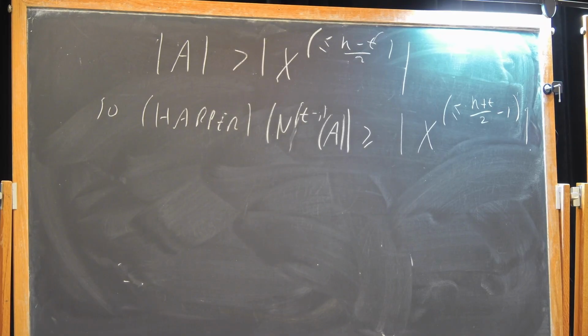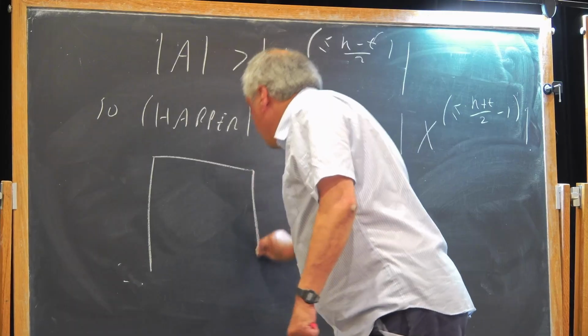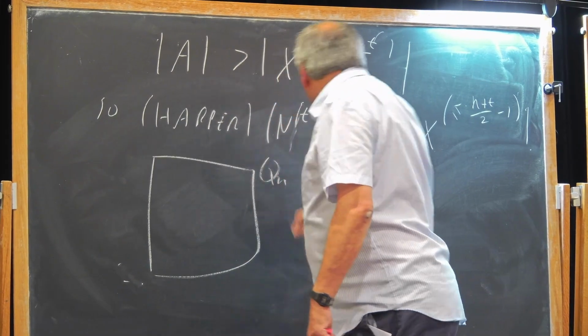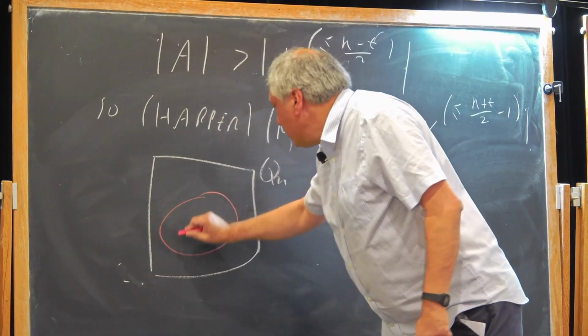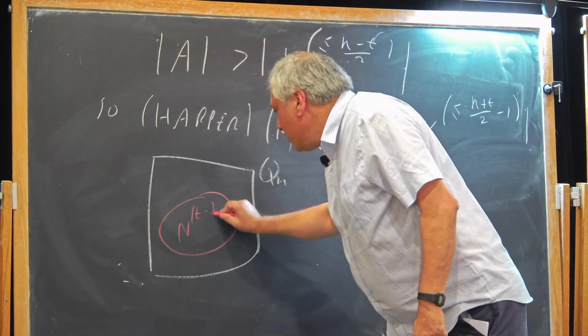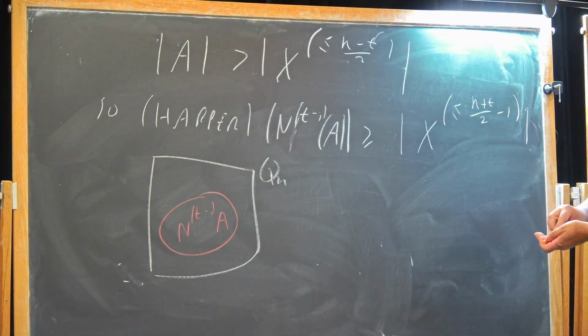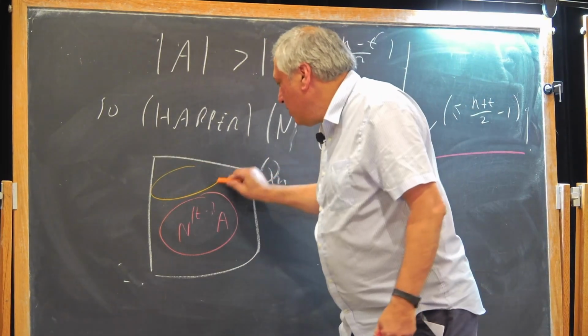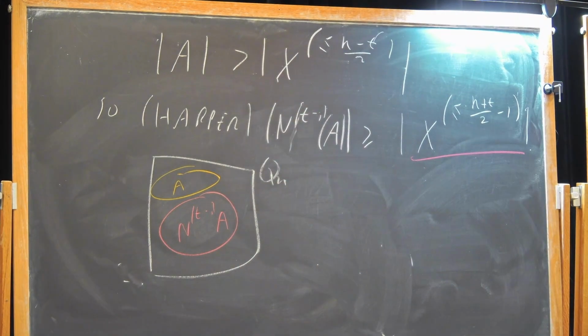So, what do we have? Here is Qn, of size, of course, the whole world. I have this red thing, the neighbourhood t minus 1 of A, which is of this size, and I have my orange thing, A bar, which is bigger than that thing.